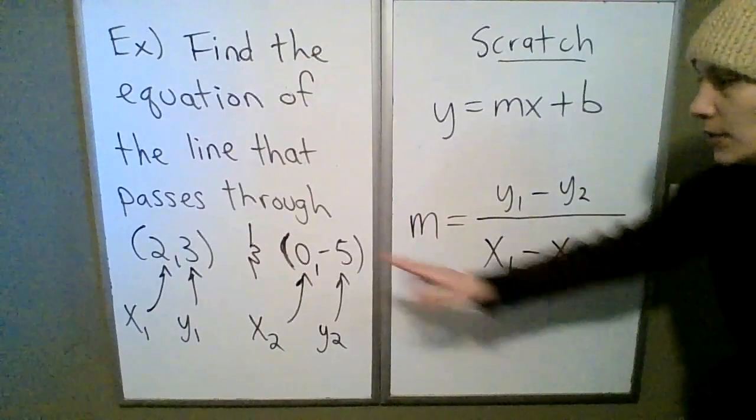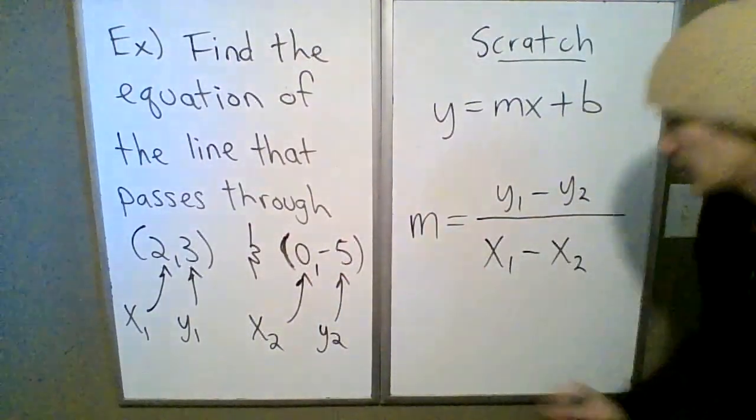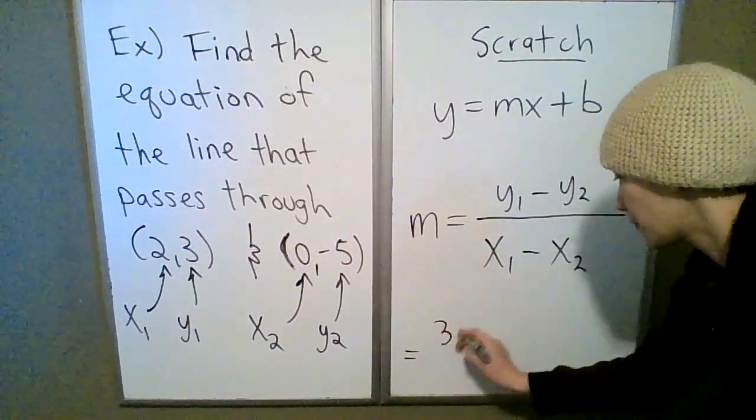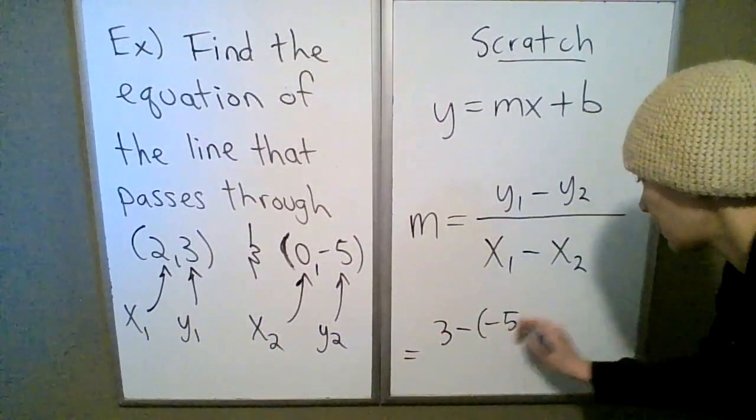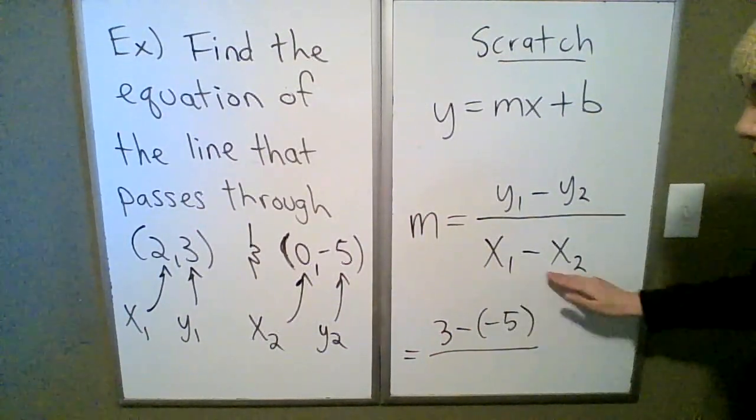Plug in y1, which is 3, and then we're going to subtract -5, divided by 2 minus 0.